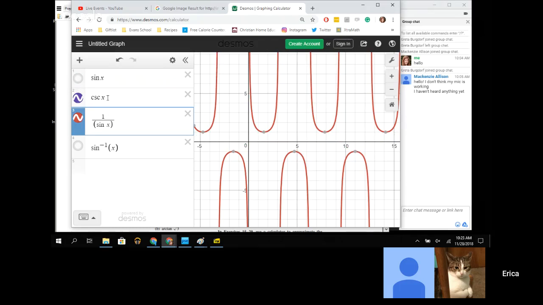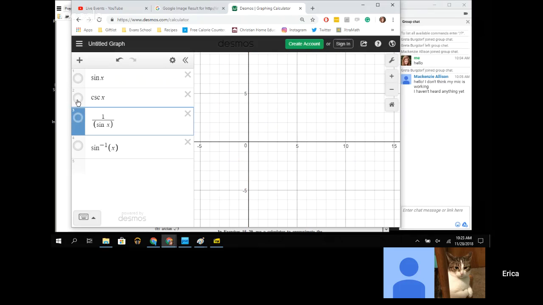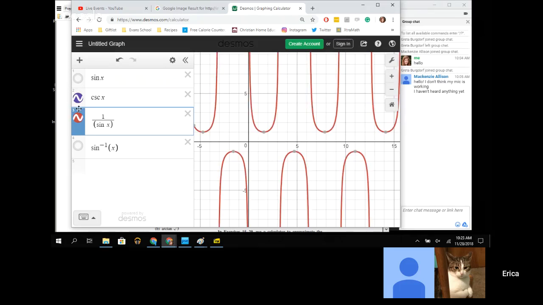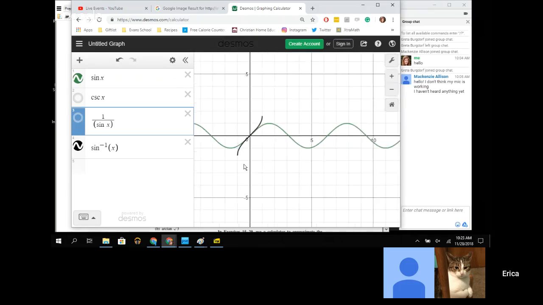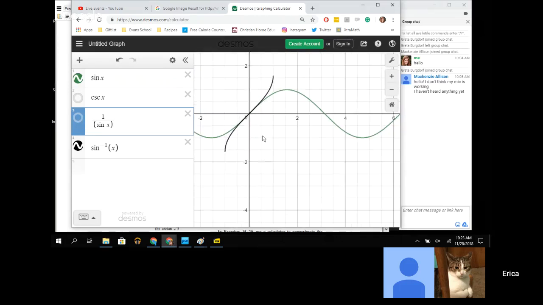The cosecant is the reciprocal, which just basically means 1 over the sine. So if I graph the cosecant and 1 over the sine, they're the same curves. That's all that the cosecant is. It's just 1 over the sine.